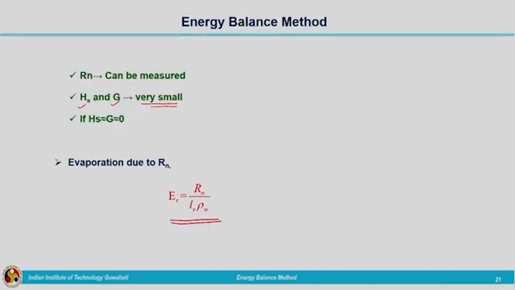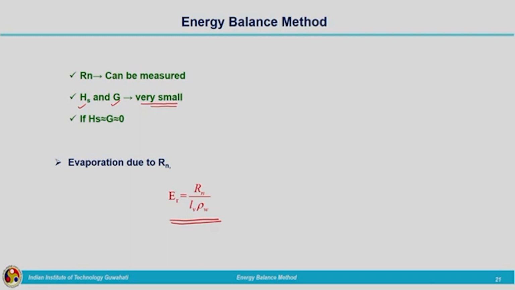You already know rho w, and for the latent heat of vaporization you have the empirical equation for its calculation. So, once you know the net radiation into the system, you can calculate how much the evaporation rate from that particular pan will be. So, this equation can be utilized for calculating evaporation by making use of the energy balance equation.